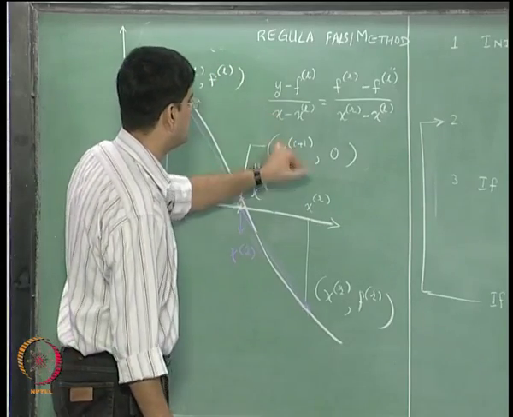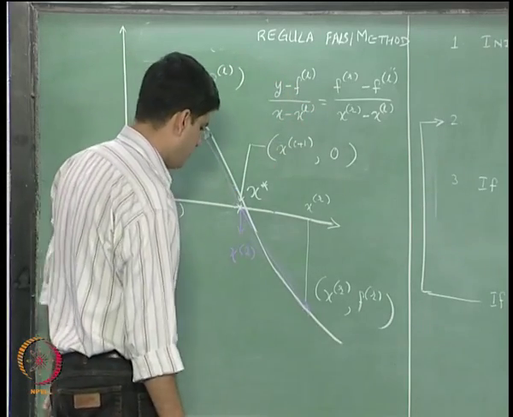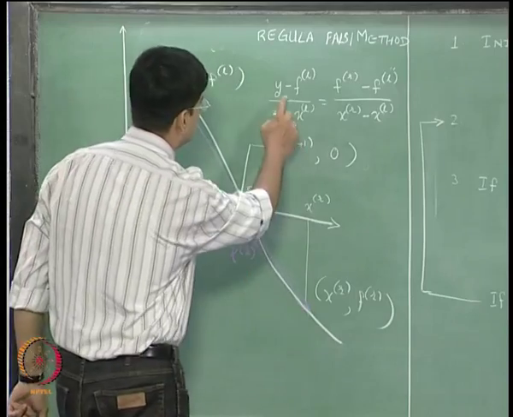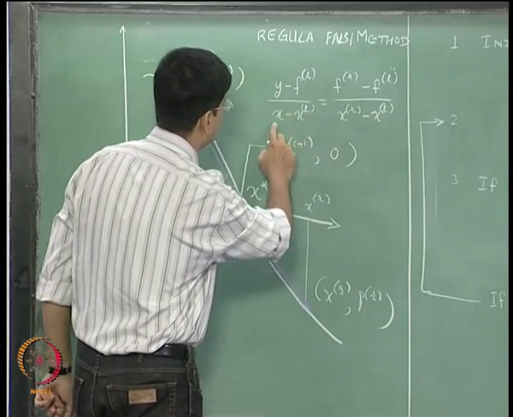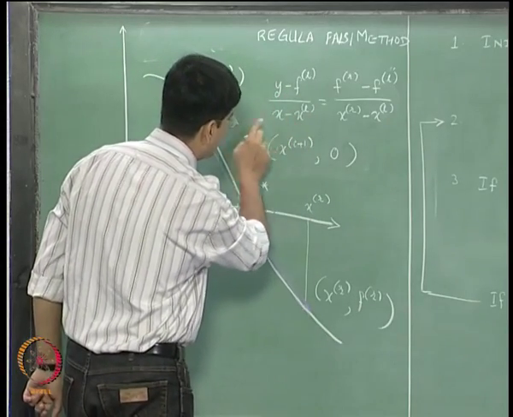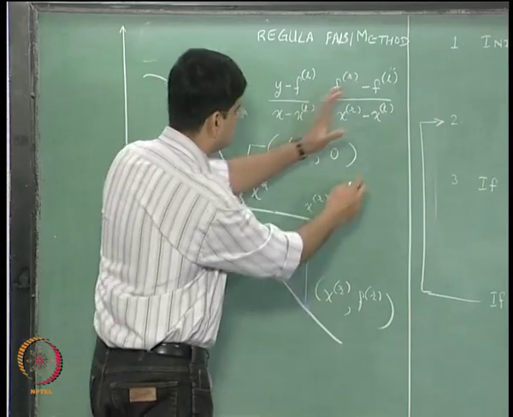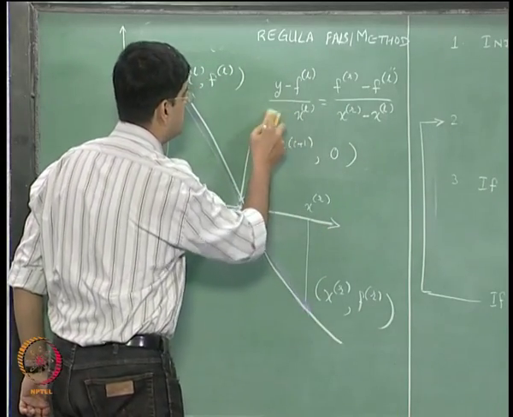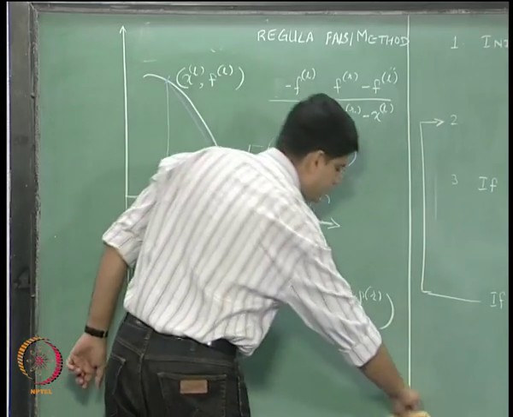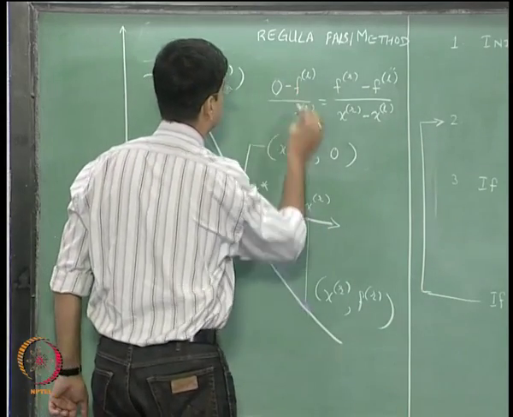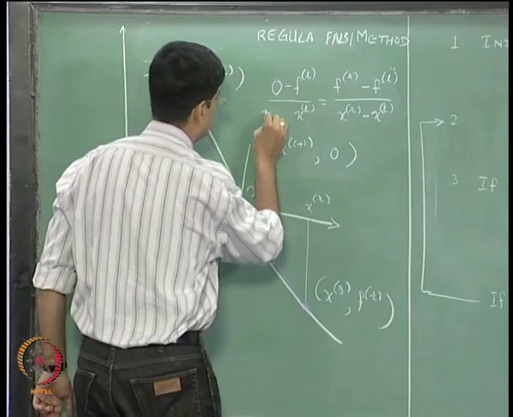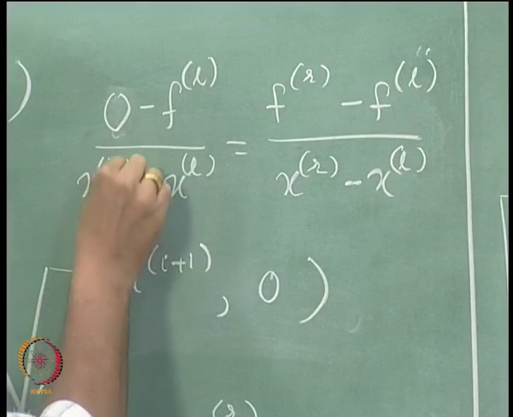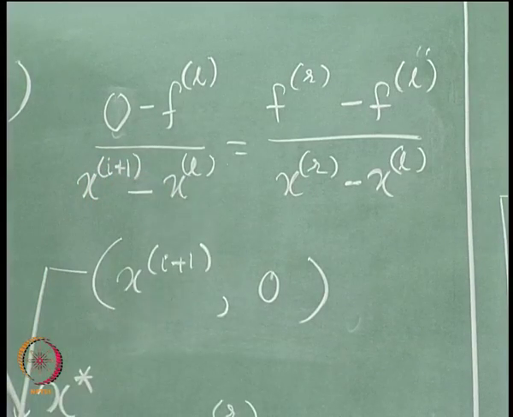So when we substitute these values over here, what we are going to get is essentially 0 minus f_l divided by x_{i+1} minus x_l is going to be equal to the right hand side. So I'll just modify that over here.